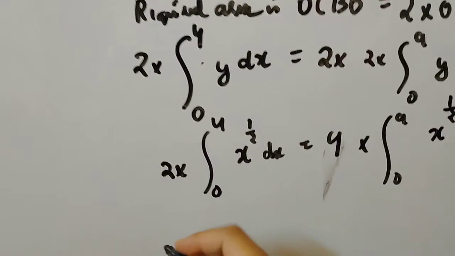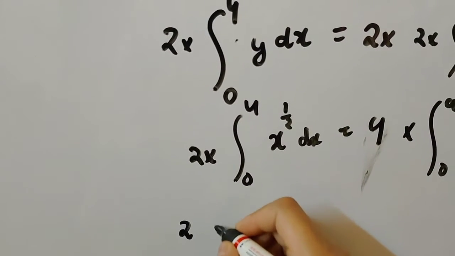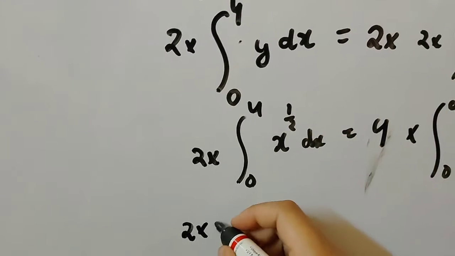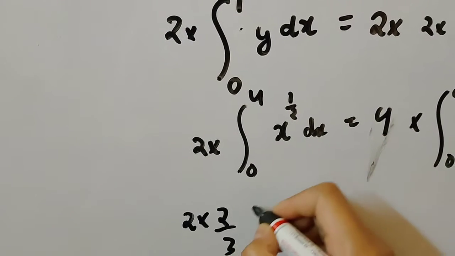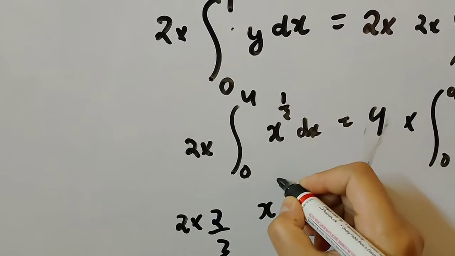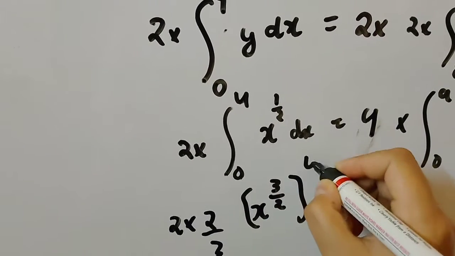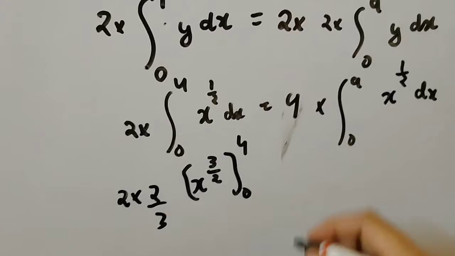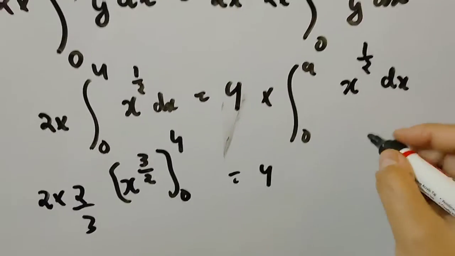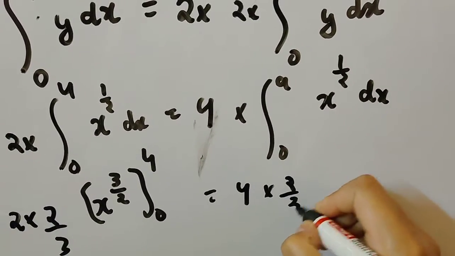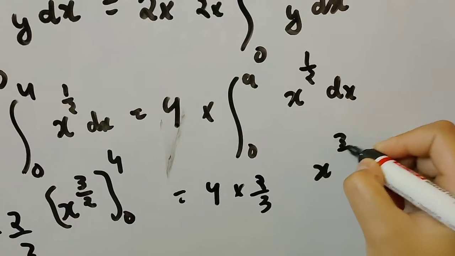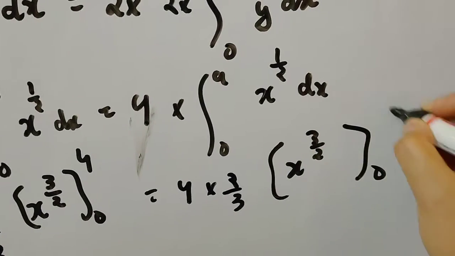So here this will become 2, then when you integrate, it will be 2 by 3 and x to the 3 by 2, from 0 to 4. Similarly here also 2 by 3 will be coming, and then x to the 3 by 2, from 0 to a.